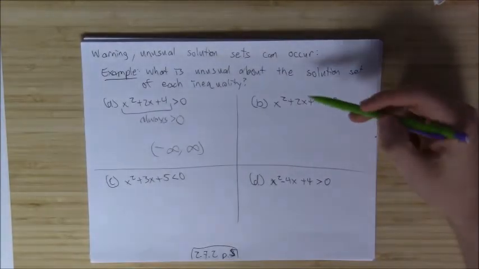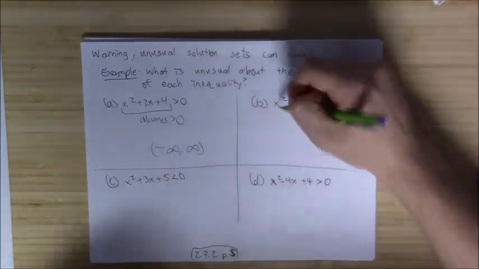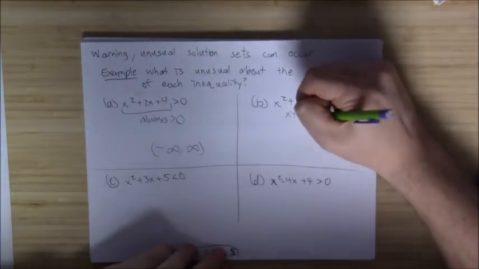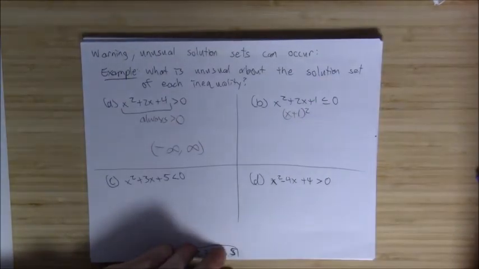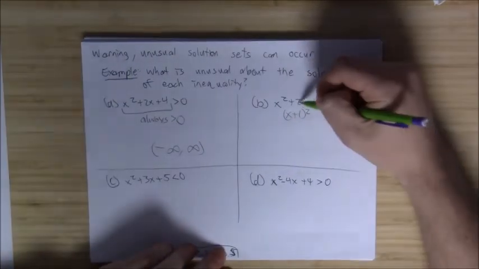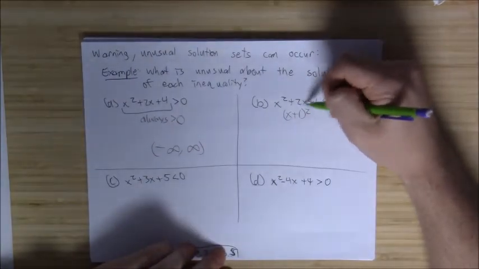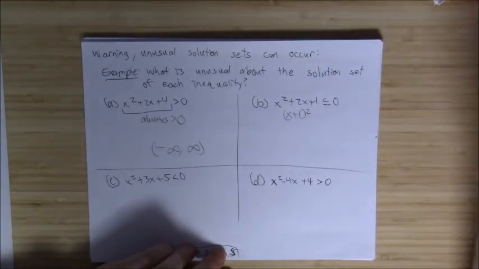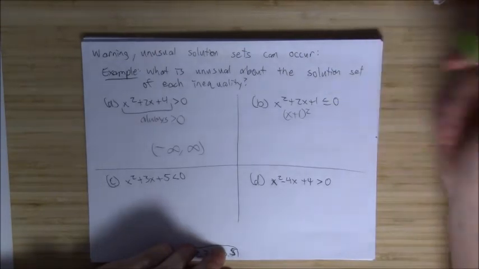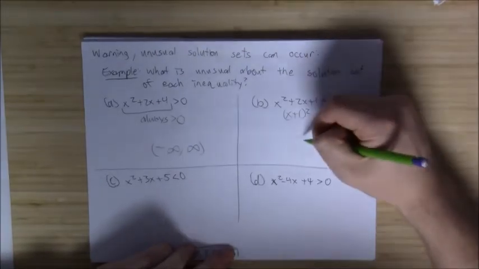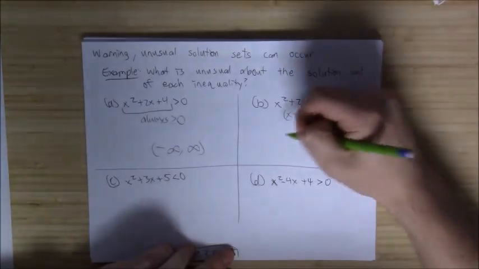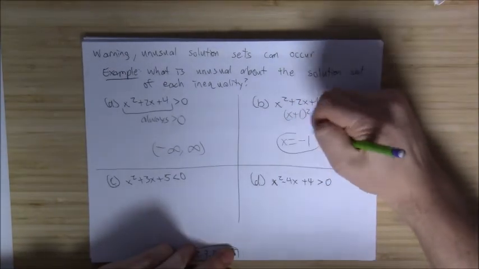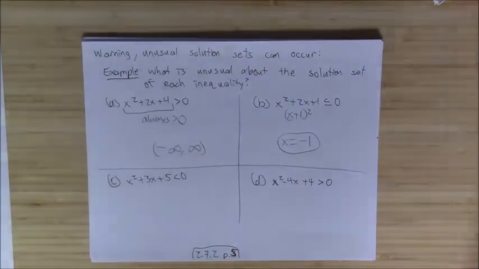This one's interesting, kind of for a flip side. Again, this is always going to be positive because this is really x plus 1 quantity squared. Well, if that's x plus 1 quantity squared, this is always greater than or equal to 0. It's only equal to 0 when x equals -1. And so the only time it can be 0 is just at x equal -1, and that can only be the solution to this.